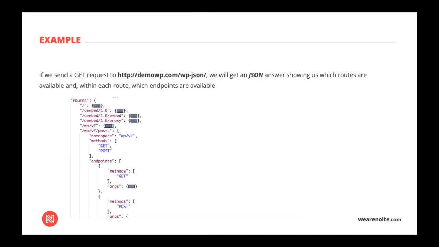This is an example of what we can see when we access the REST API for WordPress. If we send a GET request to this demo URL, that is demowp.com/wp-json, we will get a JSON answer showing us which routes are available and within each route which endpoints are available.